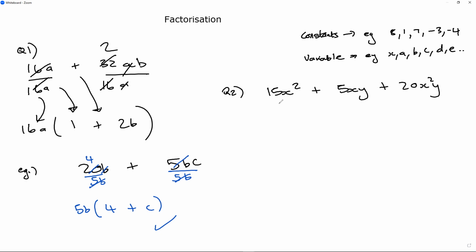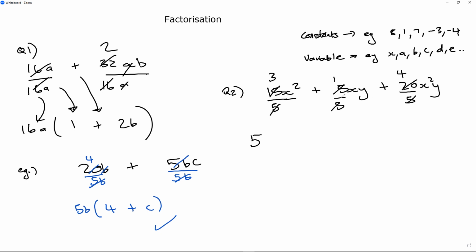In this example, I can see that each of the numbers are divisible by 5. So 5 goes into 15 3 times, 5 goes into 5 once, 5 goes into 20 4 times. So I can definitely take out 5.